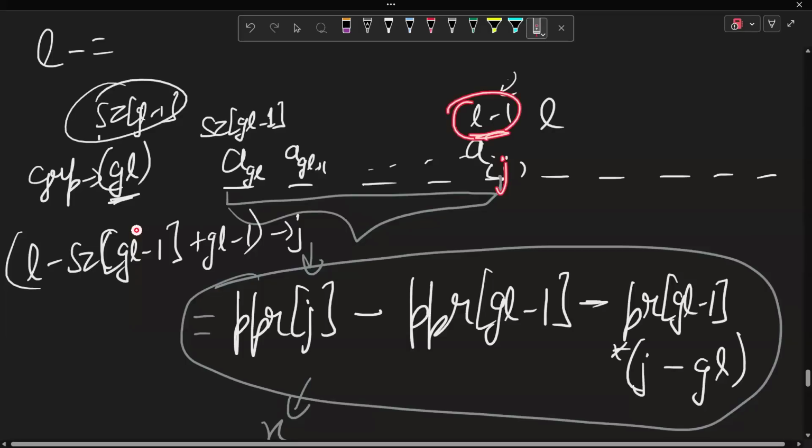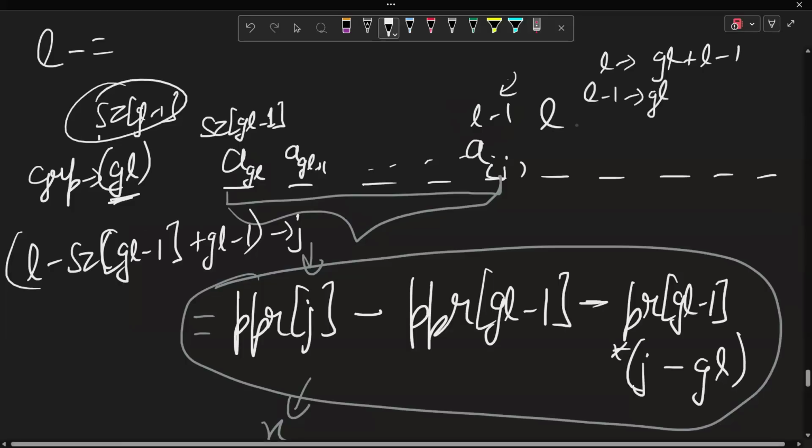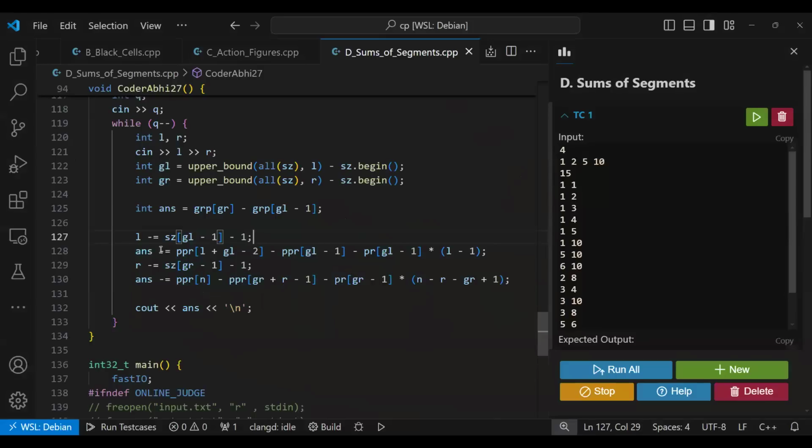First value is GL, so the Lth value would be GL plus L minus 1. So the L minus 1th value would be GL plus L minus 2. So this J is actually GL plus L minus 2 after L is converted like this. That is what my J is.